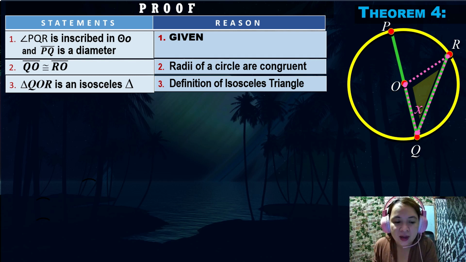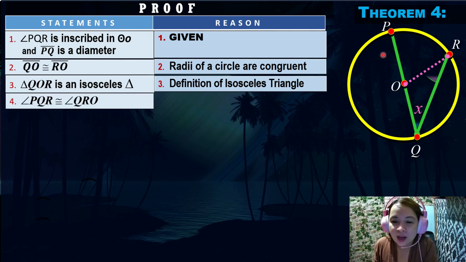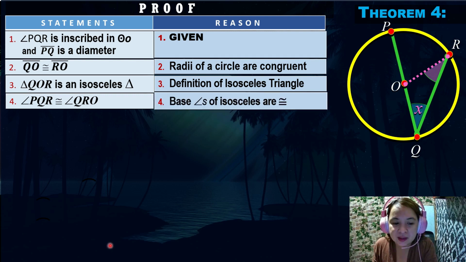Then we have number 4, angle PQR is congruent to angle QRO. The reason for that is base angles of isosceles triangle are congruent.